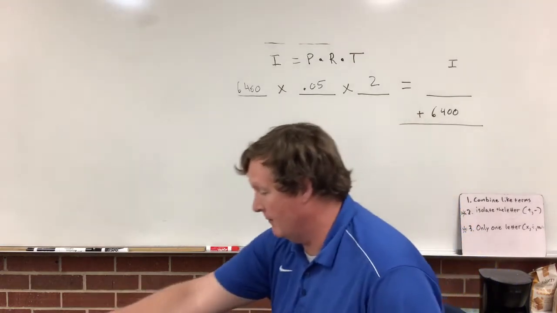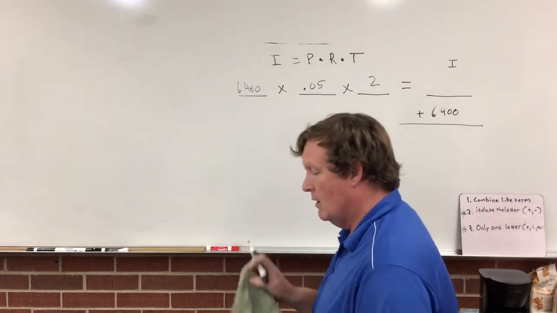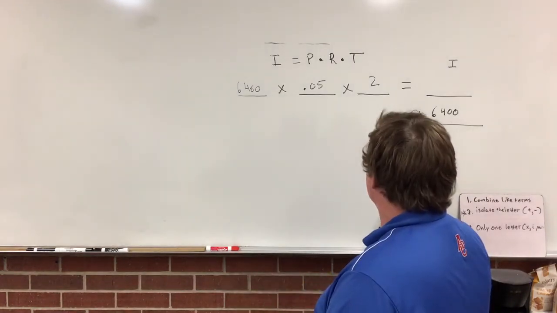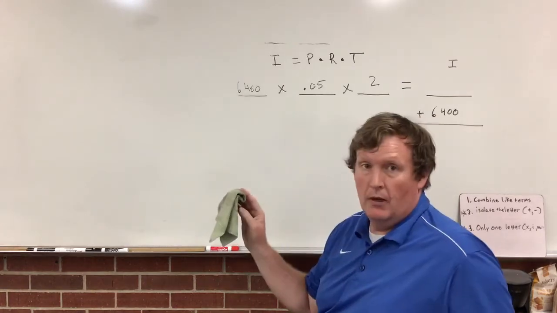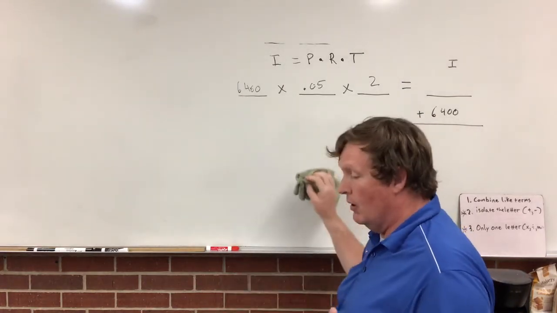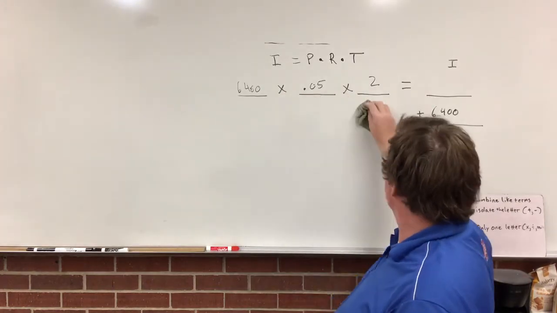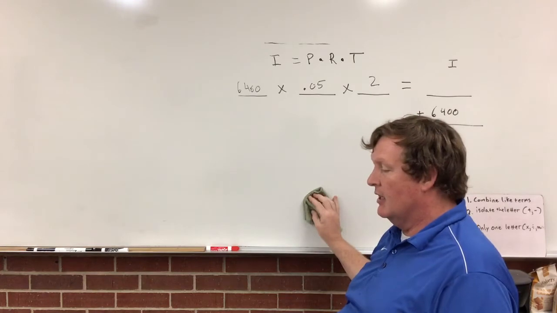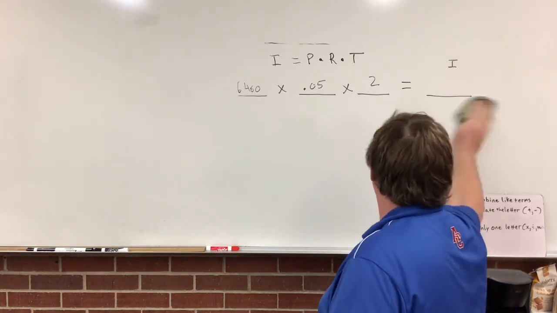That's the end of that one. We don't have to do any more on that one. There's how you set up number 1: this times this times this, that answer plus 6,400 gives you the new answer.